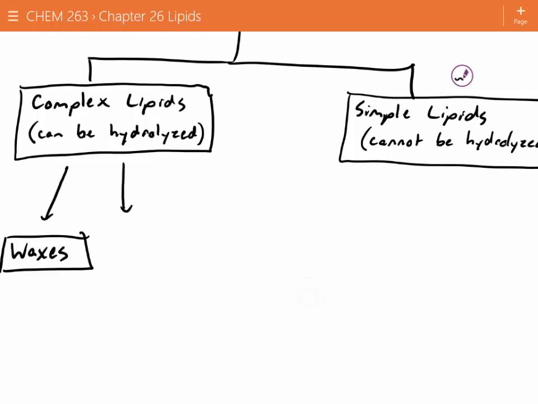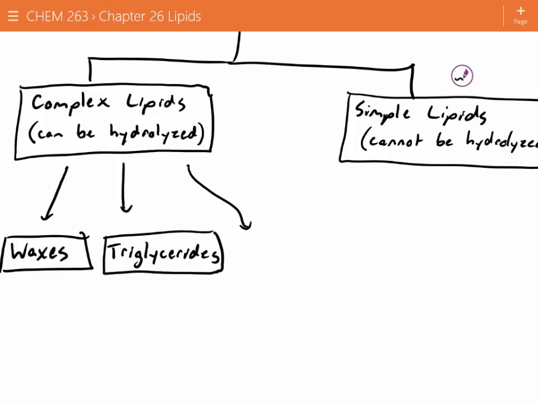Next class is made up of triglycerides. And the next one is made up of phospholipids. All of these can be hydrolyzed.